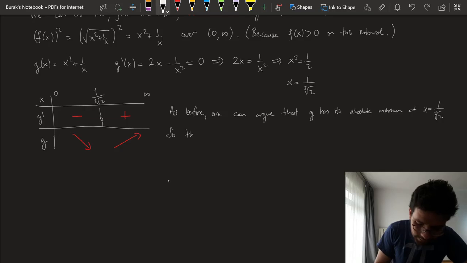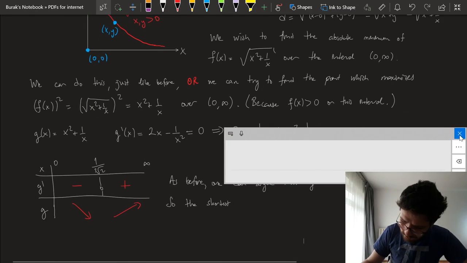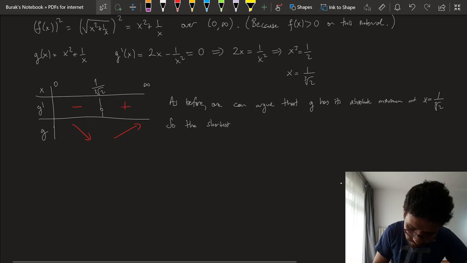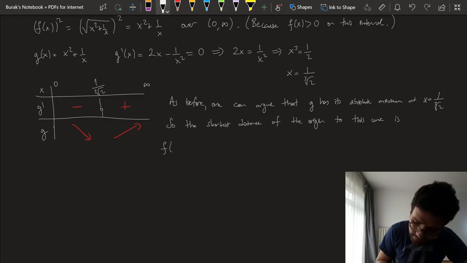So the shortest, well, what was the question? The shortest distance of the origin to this curve is obtained at this point, 1 over cube root of 2.